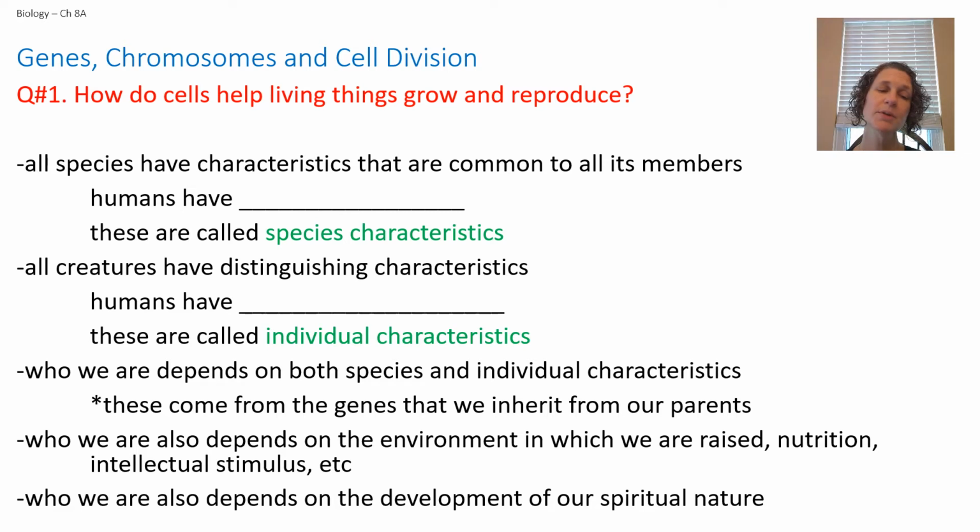And probably the most important is we are also very dependent on the development of our spiritual nature. Have we been taught right from wrong? Have we been given more than just do this, do that, but also given the reasons and who we are obeying? There's a lot that goes into it.